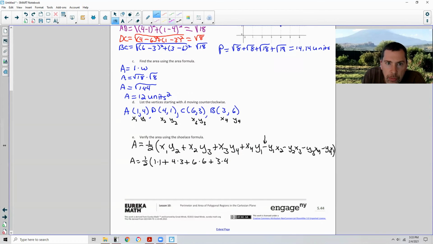And now we're going to start the minuses. So I'll switch to green now just because we switched to the y's. Minus y4, I'm sorry, we're starting right here. Did I do x4, 3, y1, 4? Yes.